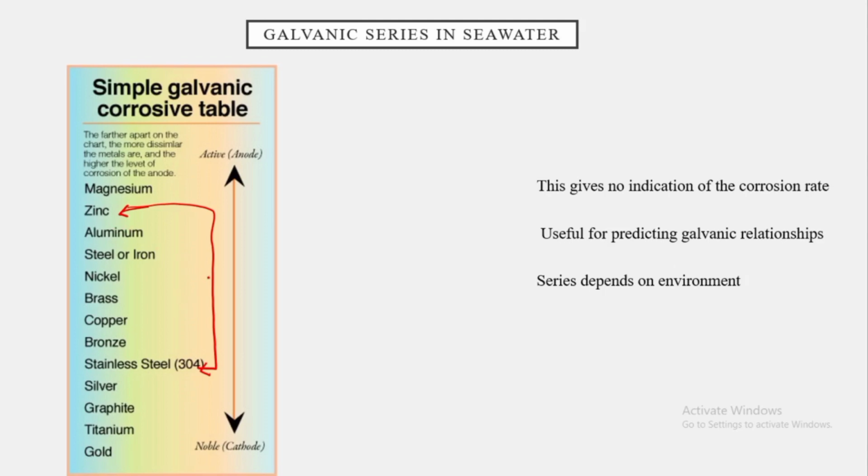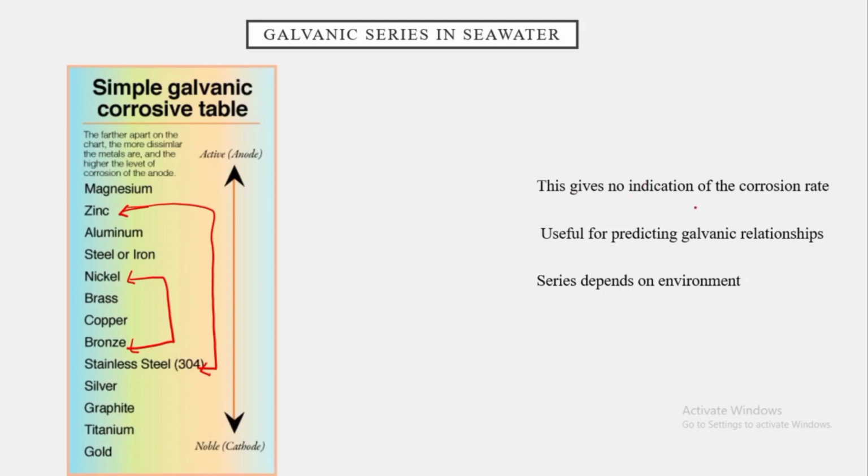So it can either increase or reduce due to the size of the anode and cathode. In this case, when you couple these, the zinc is going to protect the stainless steel. The same thing when you couple nickel to bronze. From the table, you know that nickel will undergo dissolution and bronze will be protected, since nickel is more active than the bronze.